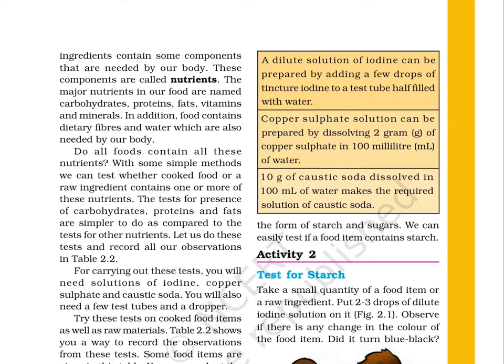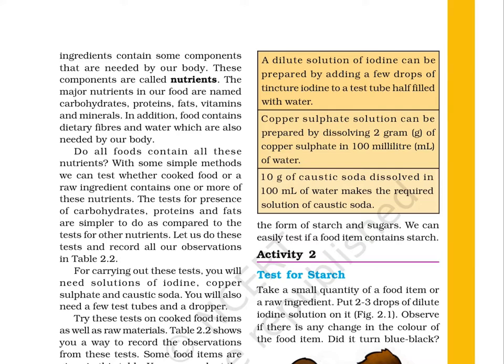These components are called nutrients. The major nutrients in our food are named carbohydrates, proteins, fats, vitamins, and minerals. In addition, food contains dietary fibers and water, which are also needed by our body.